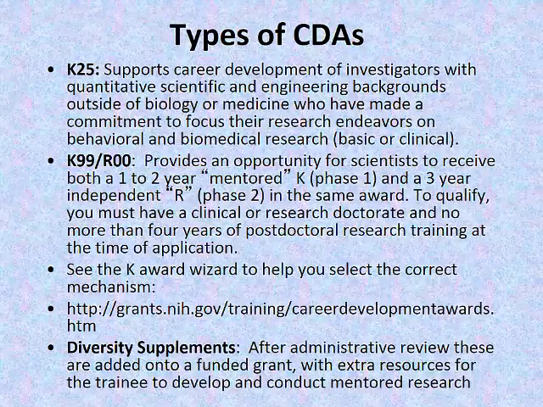In our CTSI and at UCLA, we haven't had that many people apply so far for these K-99 R00s. And one of the reasons why is, to qualify, you have to have a clinical or research doctorate and no more than 4 years of postdoctoral research training at the time of your application. So this is kind of a narrow group of individuals.